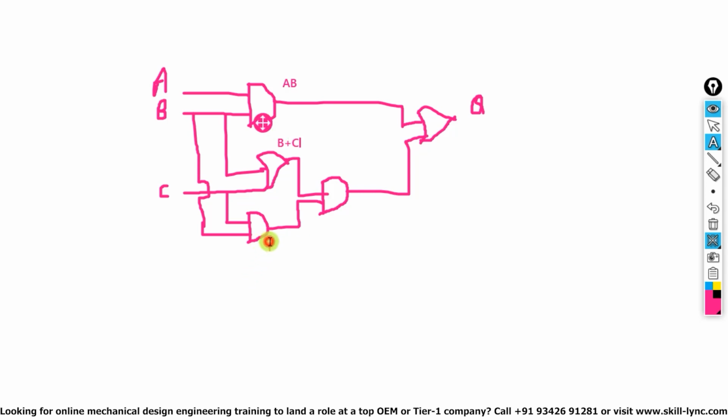Now again AND is there, so it is BC into B plus C. At last, because it is an OR gate, it has two inputs, one is AB and the second is BC into B plus C. So your Q can be written as AB plus BC into B plus C. Okay, this is the expression.